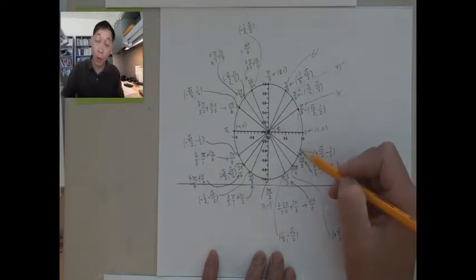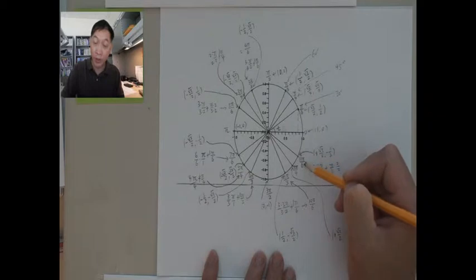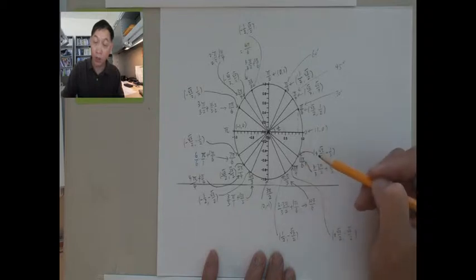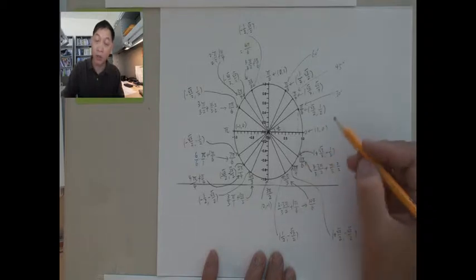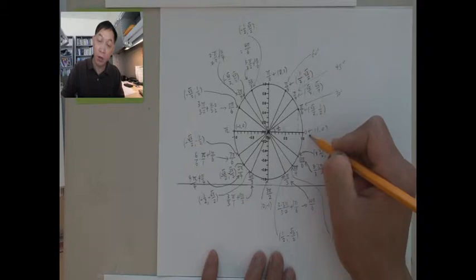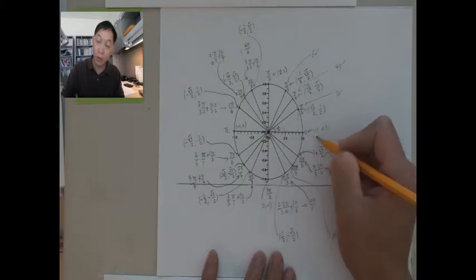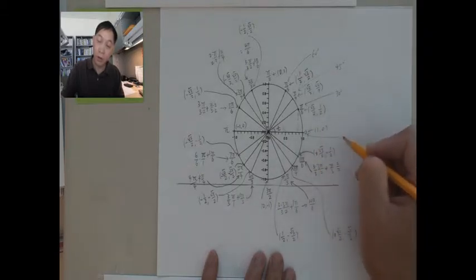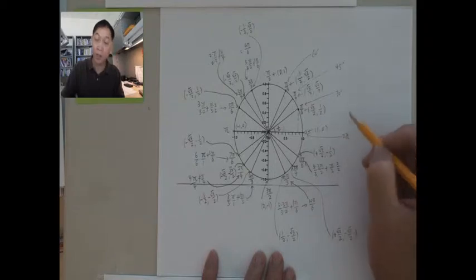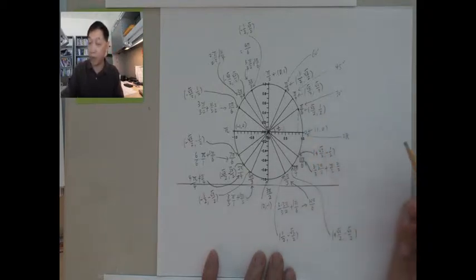Of course, if you add another 30 degrees, or another pi over 6, it's going to be 12 pi over 6. 12 divided by 6 is 2. So this angle is also 2 pi. Besides 0, it is also 2 pi.